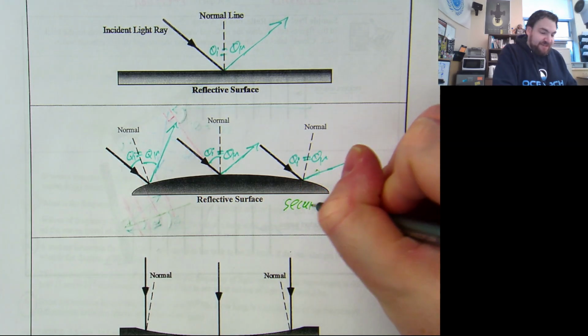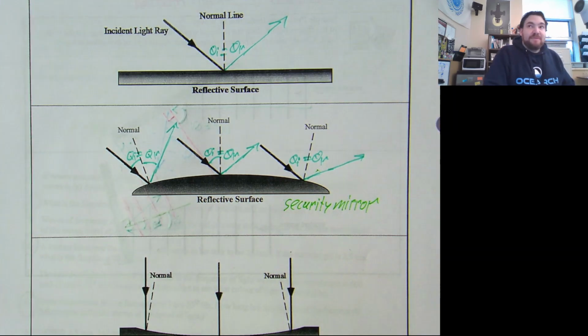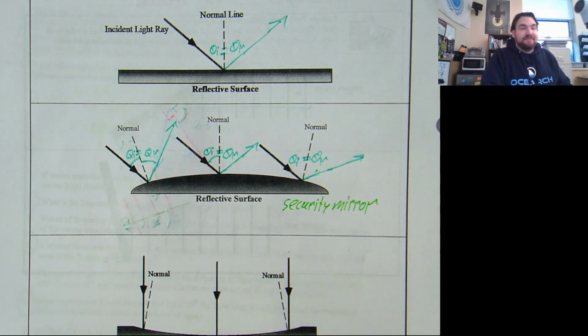So examples of this are a security mirror. But even younger than that, what kind of surface is this? Okay. It's an interesting thought. Why do you think it would be smaller?